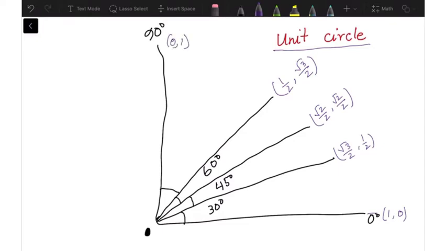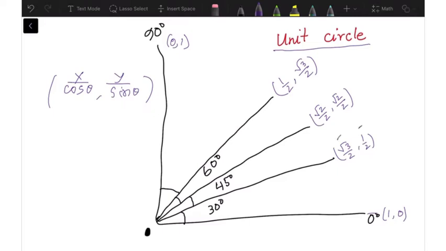Now, one thing I want to tell you guys is that in a coordinate in the unit circle, in the x position you have cosine, and in the y position you have sine. So let's say this is cosine, this is sine.